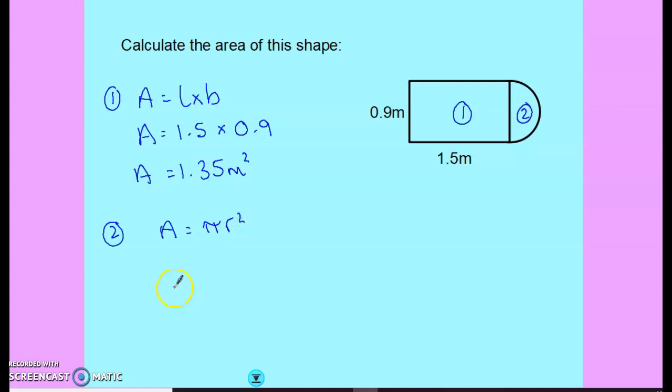Area of a circle is pi r squared. Here, the diameter of the circle is 0.9 meters. So the radius of the circle is half of that, which is 0.45 meters.